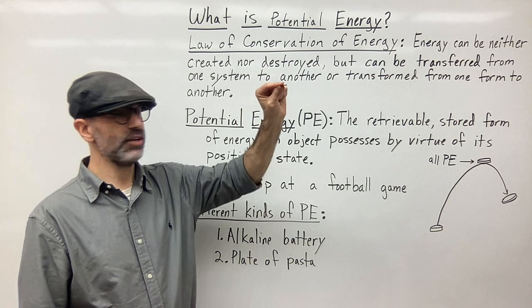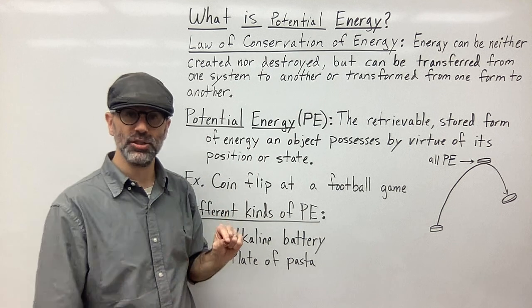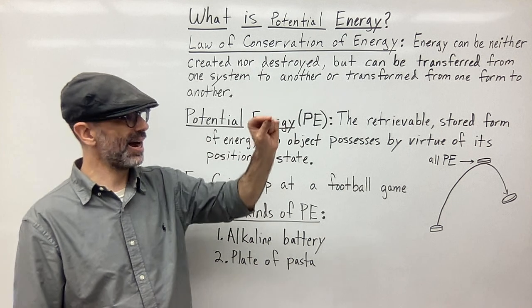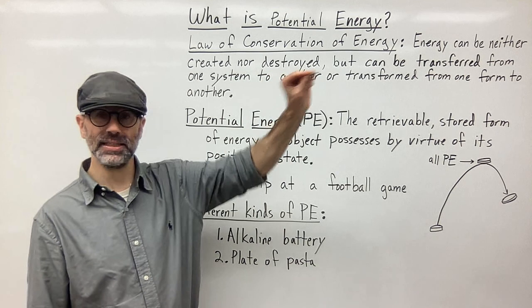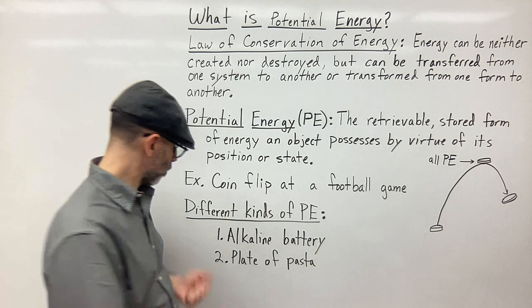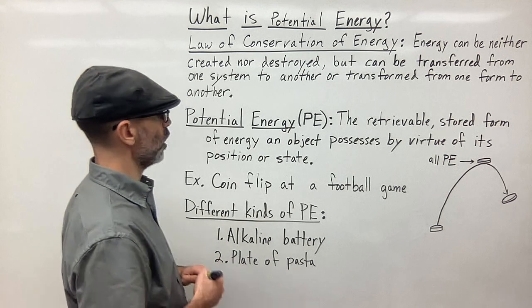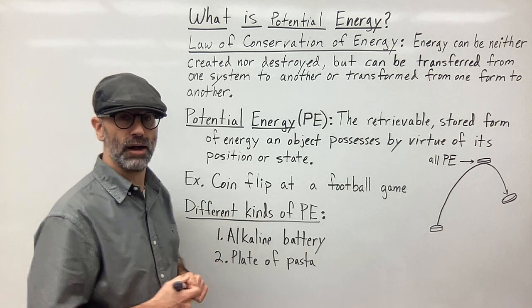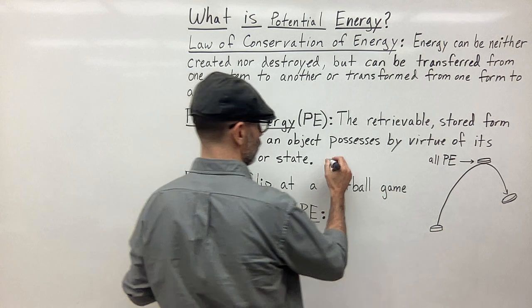So as it gets further from the earth, it is gaining more potential energy, because potential energy is related to the height or distance from the earth. In this case we're talking about gravitational potential energy. So just like I did before, I'll write down the formula for gravitational potential energy.